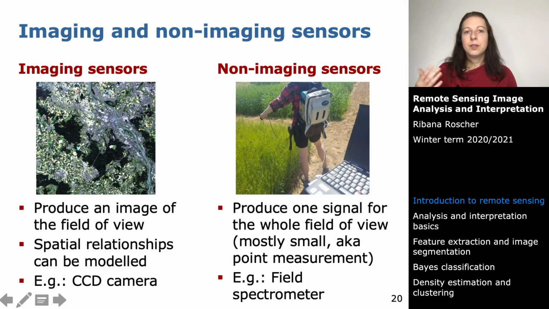As I said before, you can classify sensors into active and passive sensors, but you can also classify them into imaging and non-imaging sensors. Imaging sensors produce an image of the field of view. The field of view is actually what your sensor can see. In this area, you get an image.